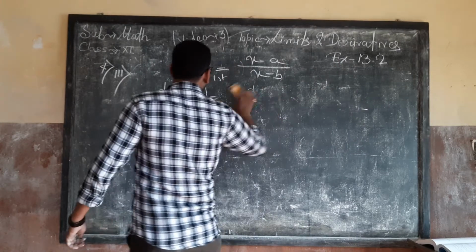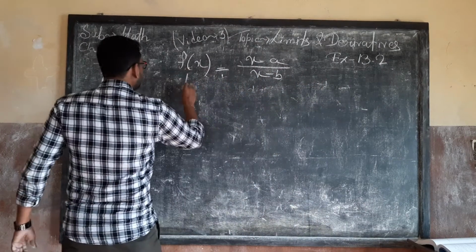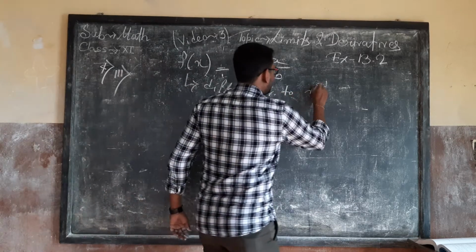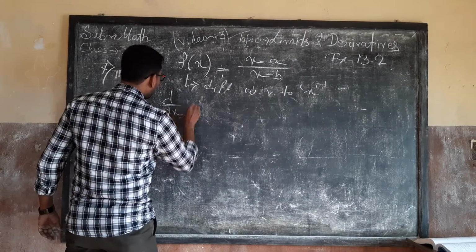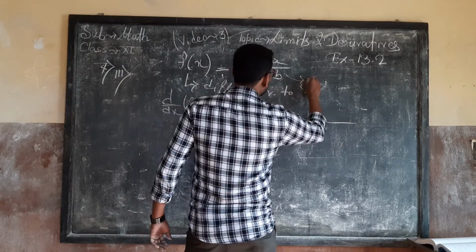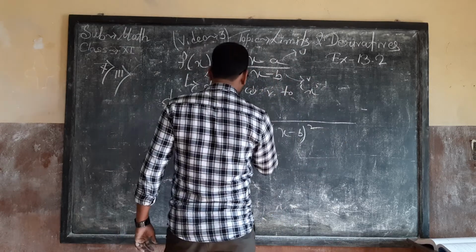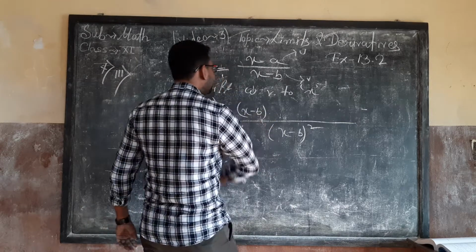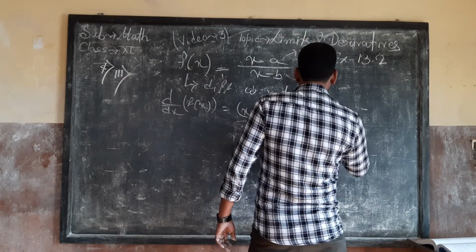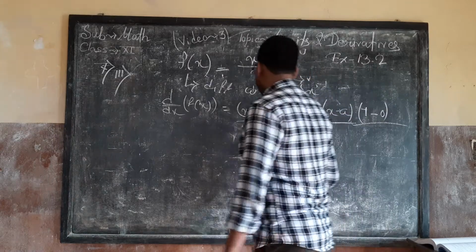So to solve this problem we use this formula. Differentiating with respect to x, the derivative of f(x) is nothing but, this is our second function v, and this is u. That means (x minus b) whole squared in the denominator, and (x minus b) into the derivative of the first function, which is 1 minus 0, and minus the first function (x minus a) into the derivative of the second function, which also produces 1 minus 0.